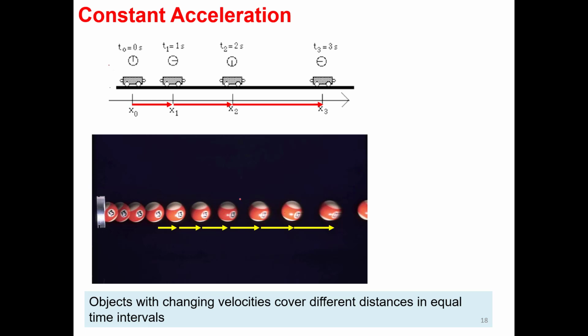And if we just observe this graph, these two examples, these objects are not moving at constant velocity, because we had the same time, equal periods of time, and the distances are not equal.